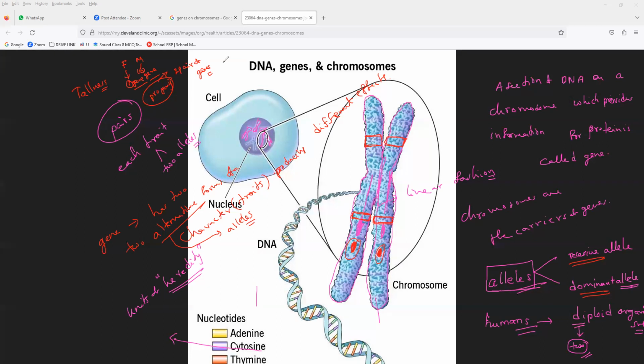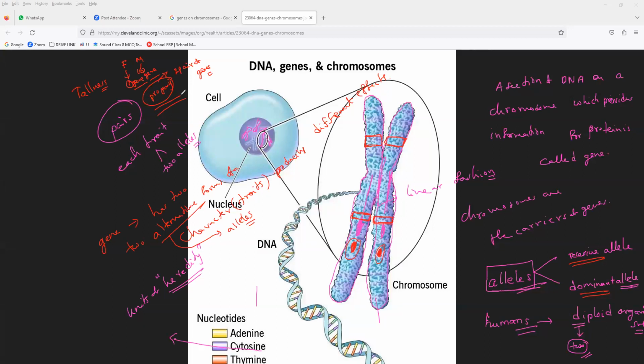So both the parents always contribute equally to the DNA of a progeny during sexual reproduction. Means each parent will contribute a copy of the same gene. If father donates the tallness gene, then mother also will donate the tallness gene. If father donates another trait, suppose curly hair, regarding the texture of the hair, then mother also will donate one gene.